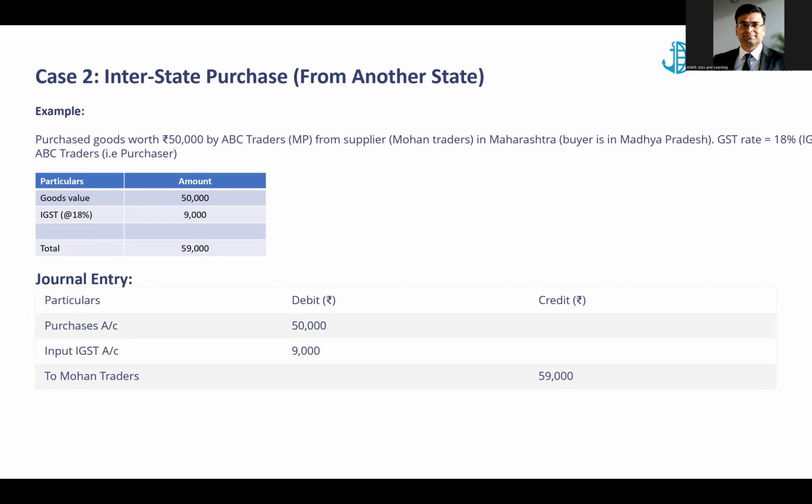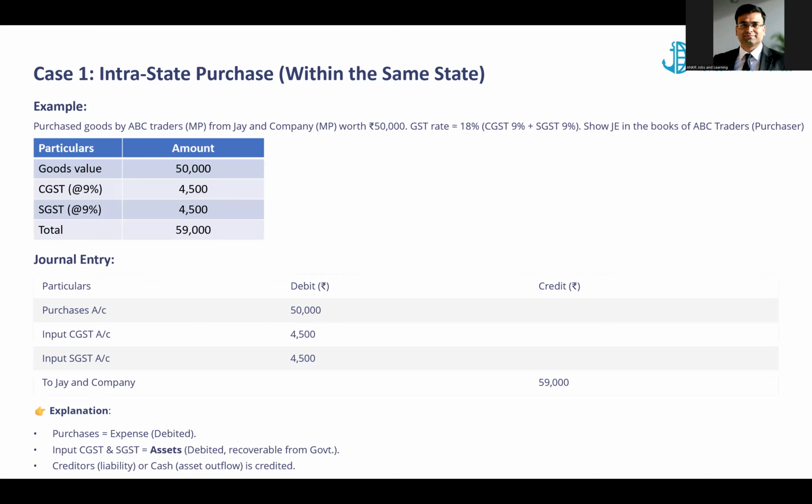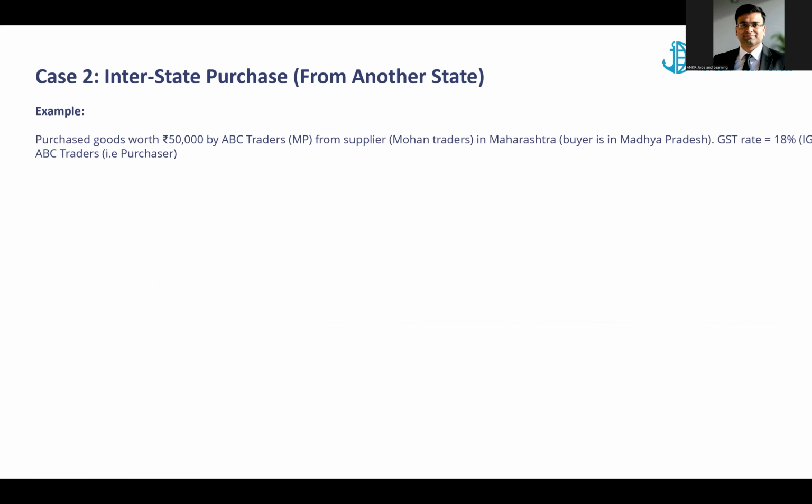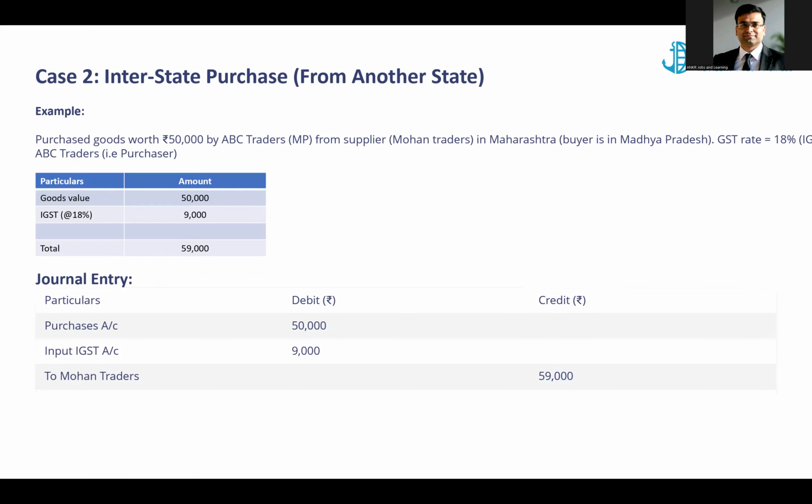Mohan Traders will be credited 59,000. And if you see the previous example, you had input CGST and input SGST. Now you have input IGST only, which is 9,000. So the complete amount of GST will go to IGST account, right?